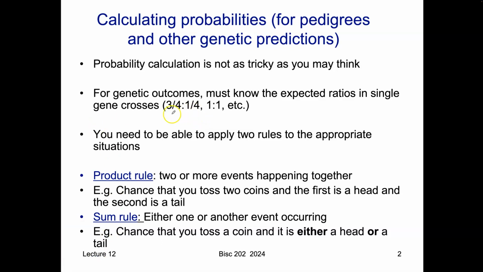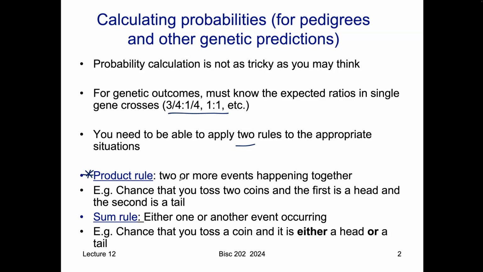As long as you understand, in a particular cross, what the possible outcomes are and the likelihoods of different genotypes, you should be okay, because the rules are just 2 simple rules. There is the product rule, which is the calculating of the chance of 2 or more events that happen together.